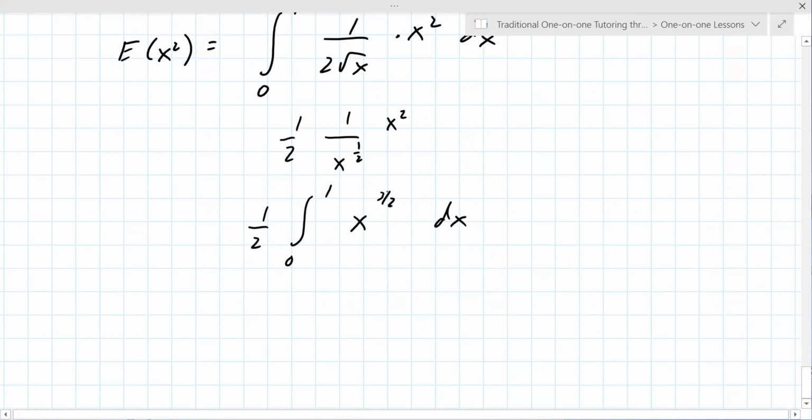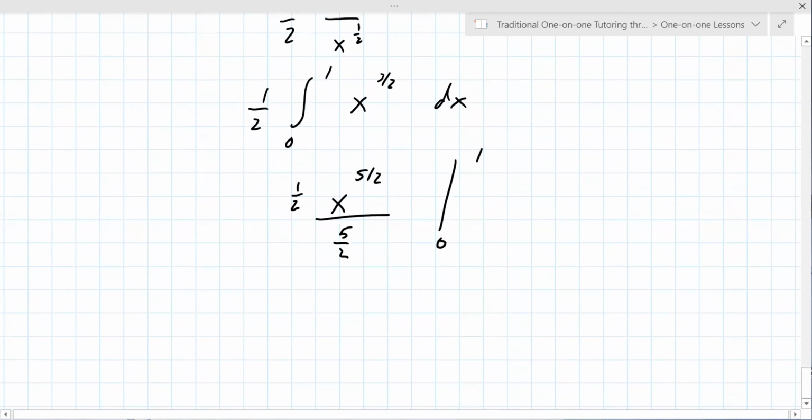So you add 1 to that, so it's 5/2 over 5/2, 1/2 here, evaluated from 0 to 1. All right, and so this becomes 1/2 times 2/5 x to the 5/2 evaluated from 0 to 1. So it ends up just being 1/5 times 1 minus 0, which is just 1/5.